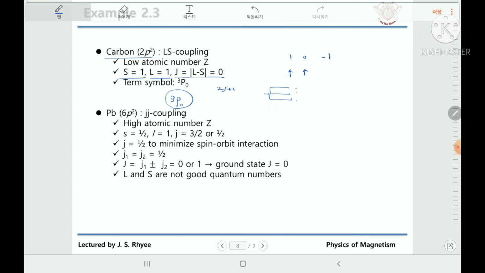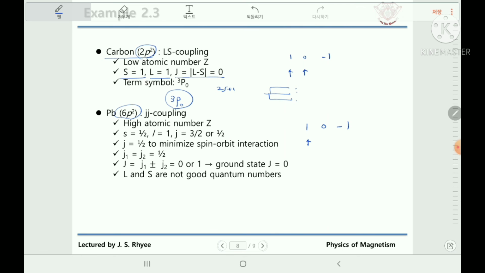Therefore, in the lead case, as in carbon, there are 2 electrons in p orbitals. In this case, it is a jj coupling, and here we know that one electron occupies 1, 0, minus 1, one orbital like this.